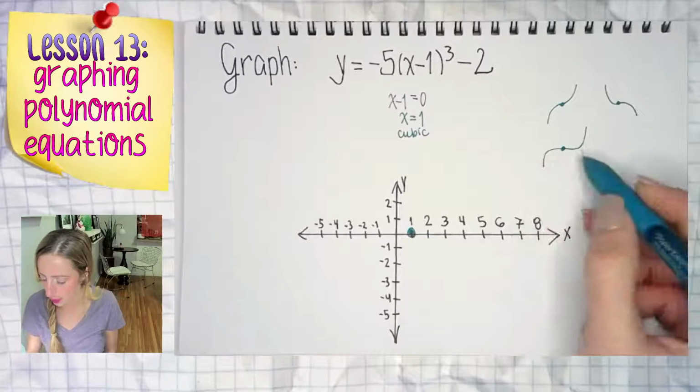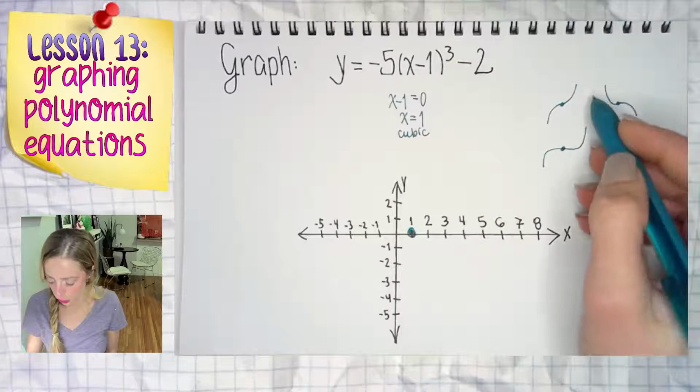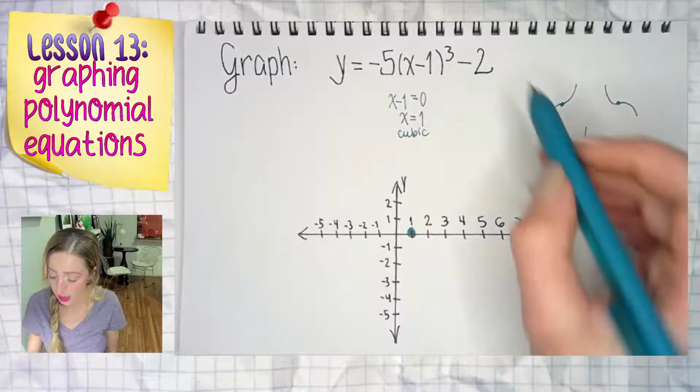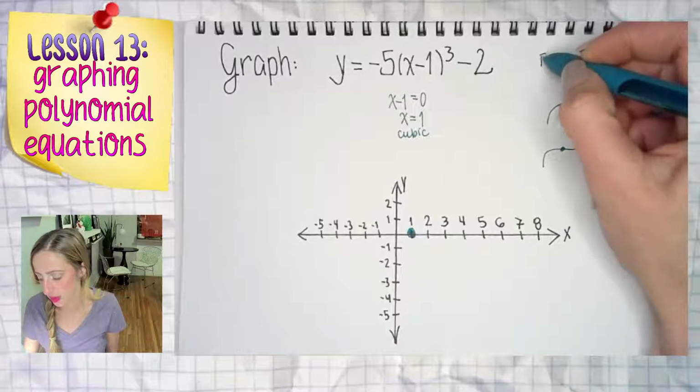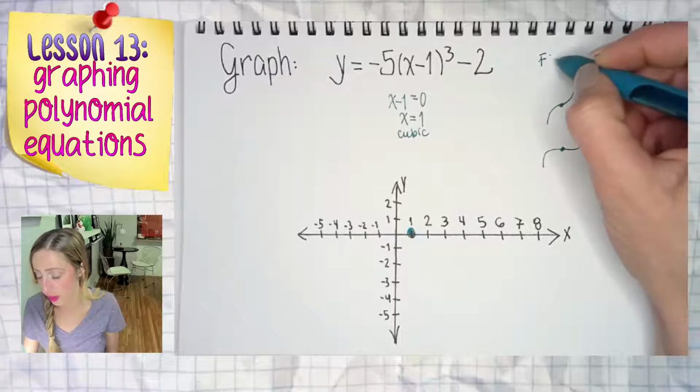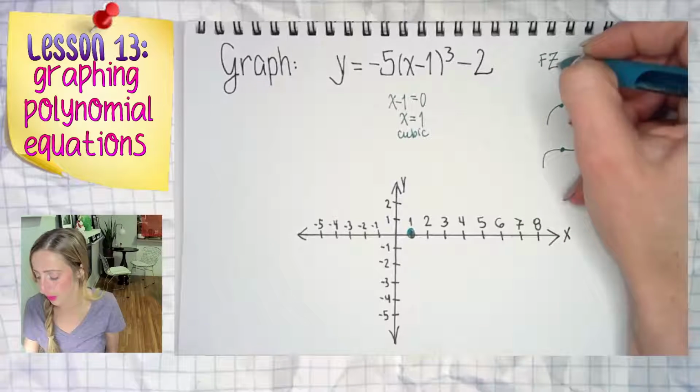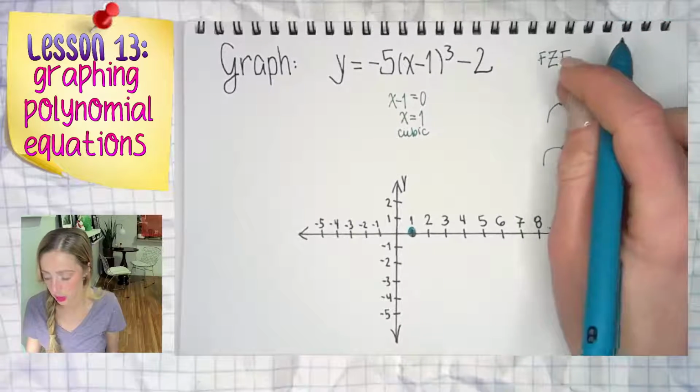So we know it's going to have one of those shapes. So if we do our little steps: factor fully first, zero product property, find the zeros, set equal to 0, and behavior. So that's what we're going to look at.